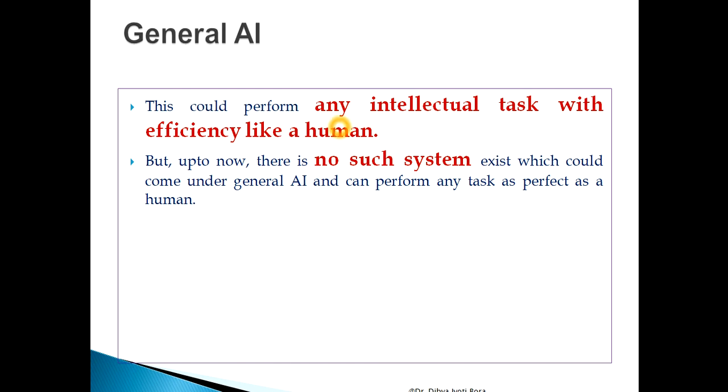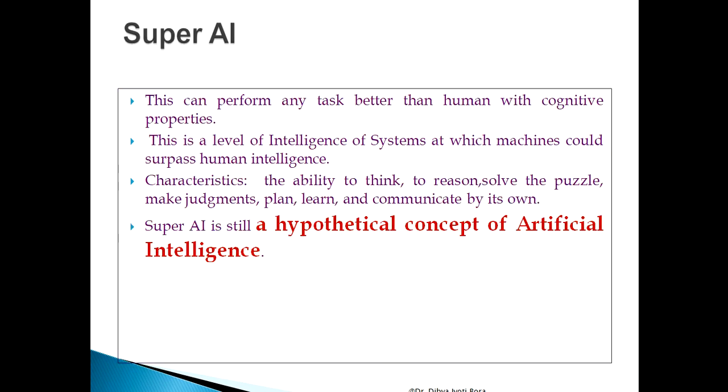But up to now, no such system exists which could come under general AI and perform any task as perfectly as a human. Then we have super AI, which can perform any task better than a human with cognitive properties. This is the level of intelligence at which a machine could surpass human intelligence.